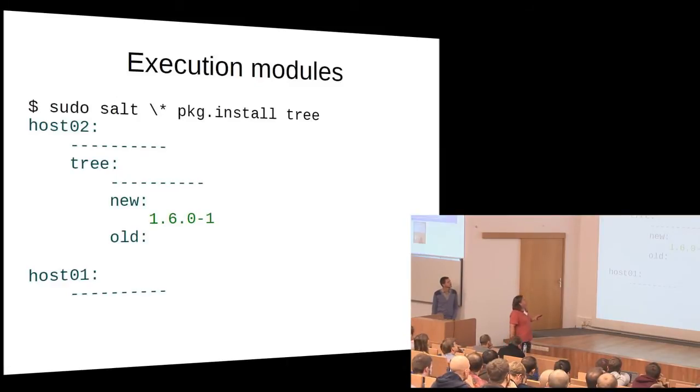An interesting fact is that the pkg package is system independent. So if you run this on Debian or Ubuntu, you will get apt-get. If you run this on, I don't know, Red Hat, you will run yum.